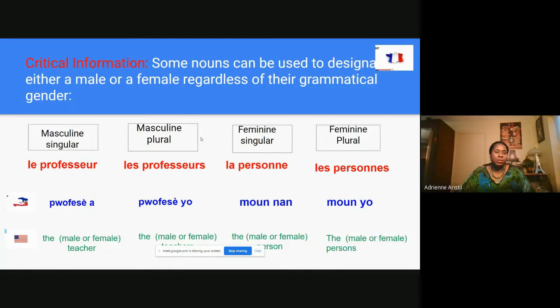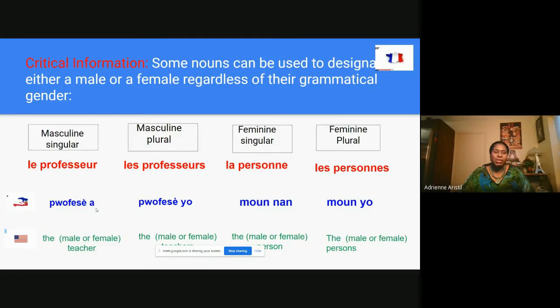And for masculine plural, you say les professeurs. When you say le professeur, you're talking about the male or female teacher. And for plural, les professeurs, you're talking about male or female teachers or professors.